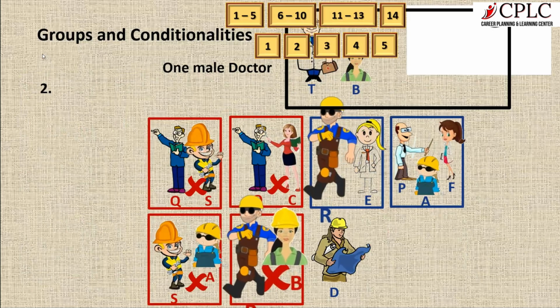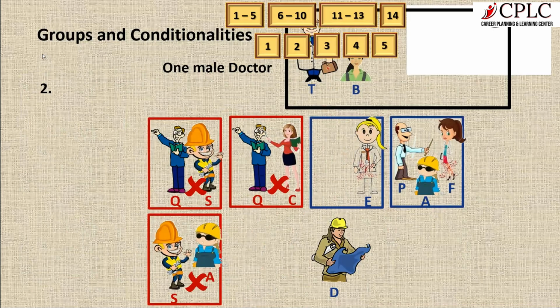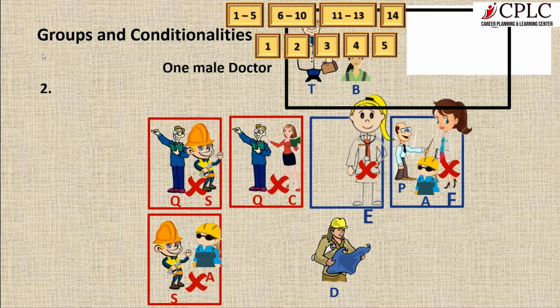Now, if B is selected, R cannot be selected, and R and E are together. Hence, E can also not be selected. Now, we want one male doctor, so we cannot select female doctors. Hence, E and F will be eliminated. So these possibilities will be eliminated.